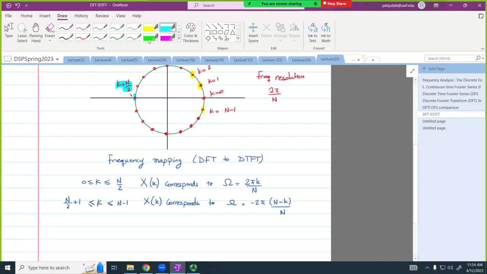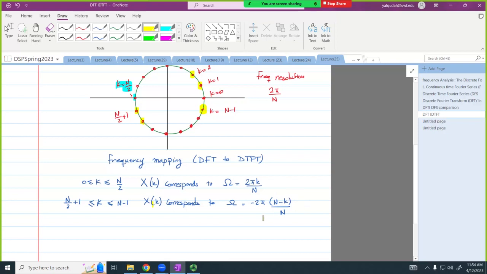After this point, the index for this point is N over 2 plus 1. From N over 2 plus 1 all the way to N minus 1, X of k corresponds to omega equal to negative 2 pi multiplied by N minus k over N. What does that mean? If I am at this point here, can you tell which one I'm highlighting? Yeah. K is equal to N minus 1. If I plug in k, N minus k is N minus N plus 1, so it's going to be 1 over N multiplied by negative 2 pi.